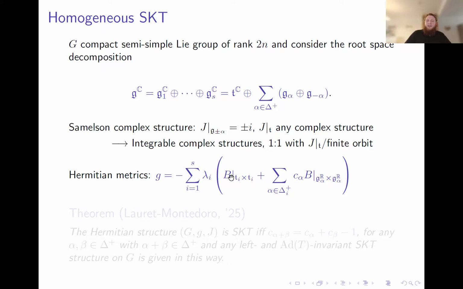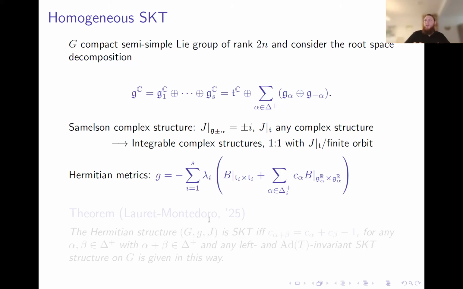And then you just fix the scaling of the maximal torus. If J mixes the simple parts, you might have to fix these parameters lambda_i in a precise way.